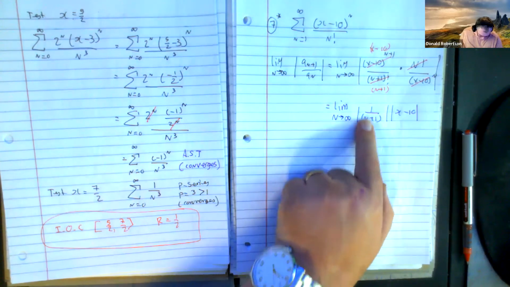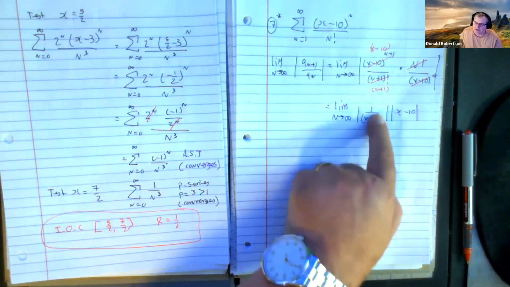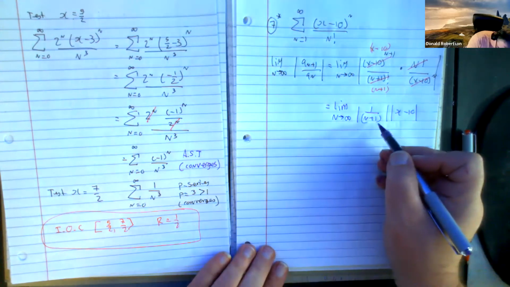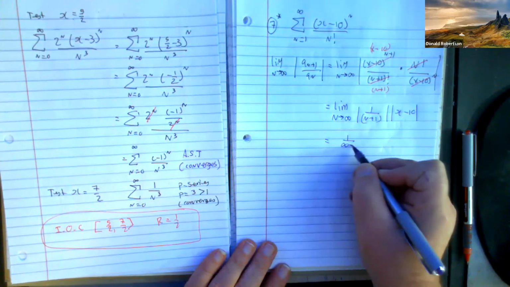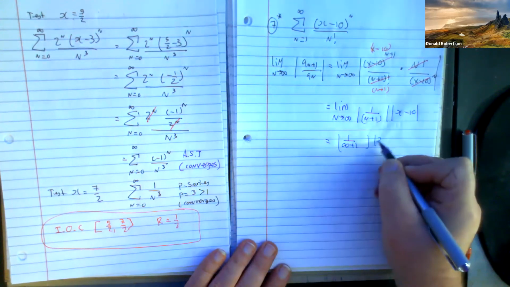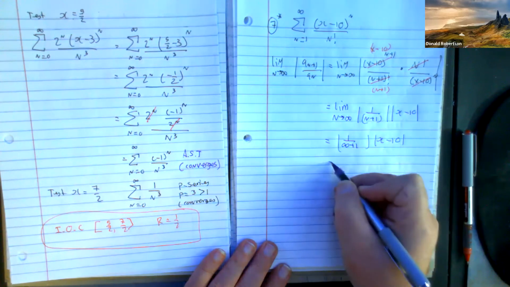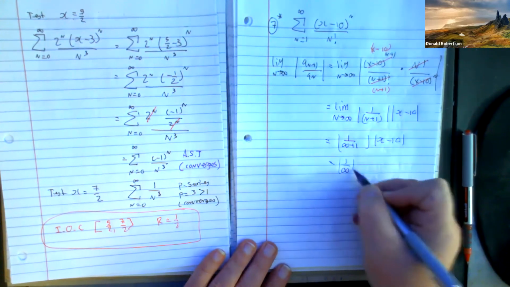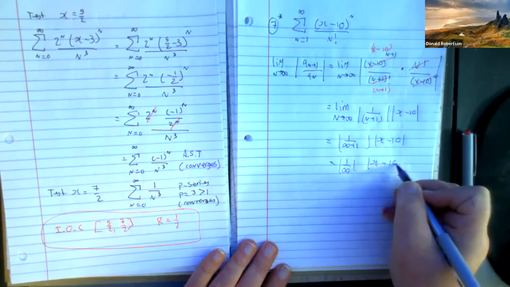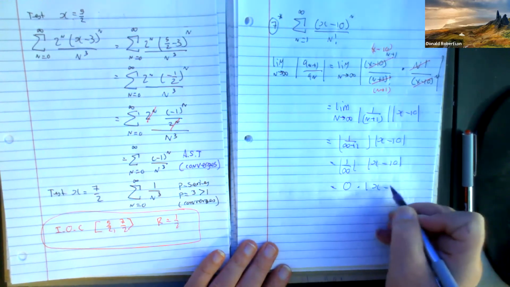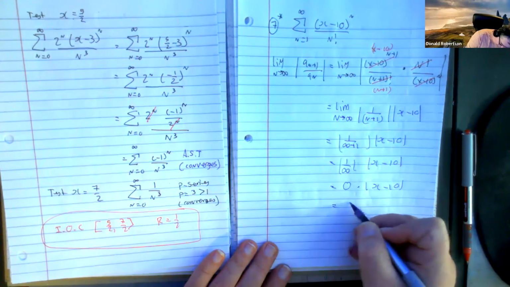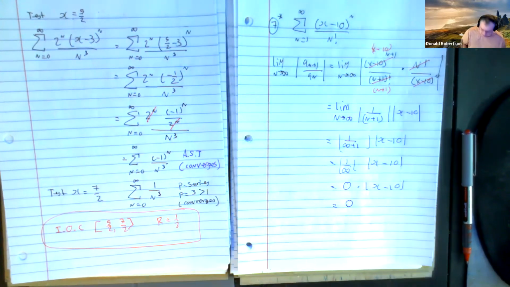Basically that n plus 1, I had to give it a 1 so I could write it down. And in this case here, brute force works. It's 1 over infinity plus 1 times that guy. It's 1 over infinity times that guy.